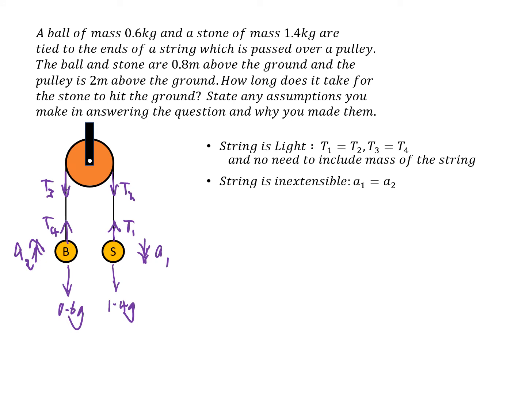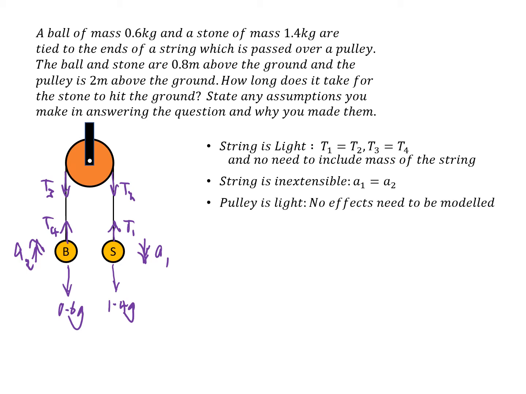If we also assume that the string is inextensible, that it can't stretch, then the two accelerations, A1 and A2, must be the same. So as soon as S moves, B moves by the same amount. So the accelerations of B and S are the same.